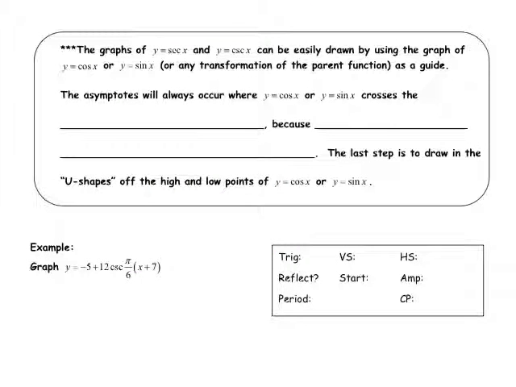So basically, all that we have to do is graph sine and cosine, and then the asymptotes are always going to be where sine or cosine crosses the sinusoidal axis, because that's the 0. Because remember, when you vertically shift it, you take that 0 point and you move it up or down with a whole bunch of other transformations.